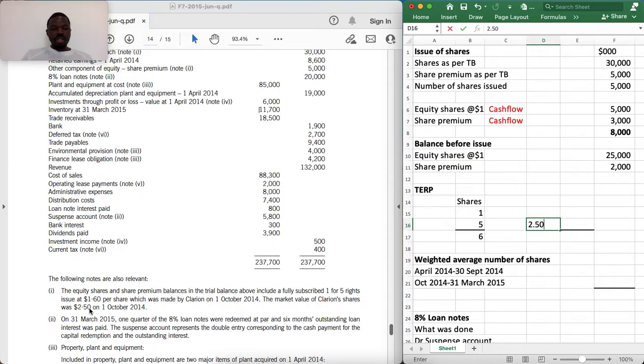It is $2.50. How much is the rights issue? So one share was issued at $60, but the market value of the portfolio of 5 shares is $2.50. Now let's find the total, the product there.